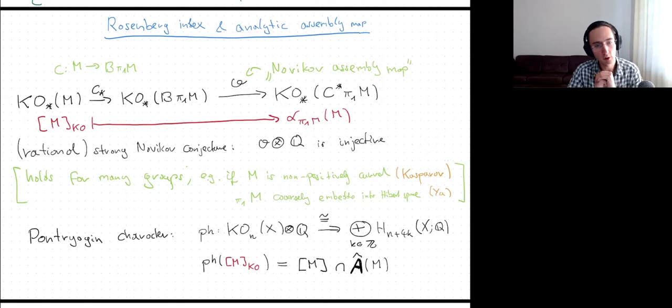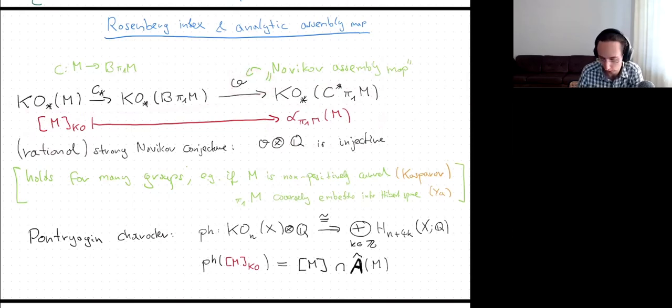And the relation to what I discussed above is that if you take the K-homological fundamental class of your manifold and you map it through here, then you precisely get the Rosenberg index. And the good thing about this is that in many cases, we actually know that this map here is injective or rationally injective.